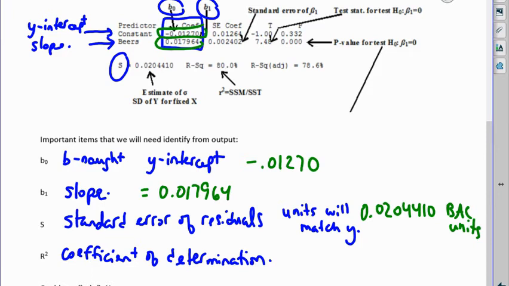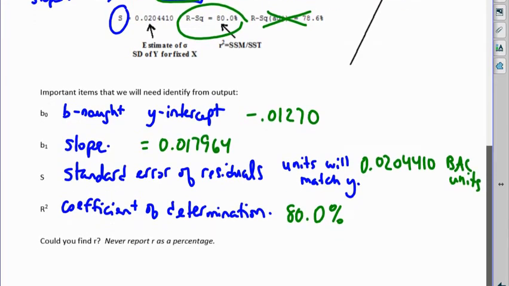Coefficient of determination, right here. You'll never use this. So 80.0%. And could you find R from this? Yes.